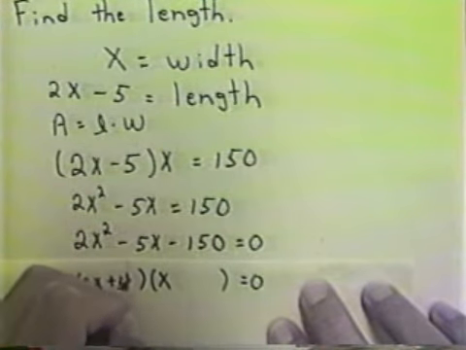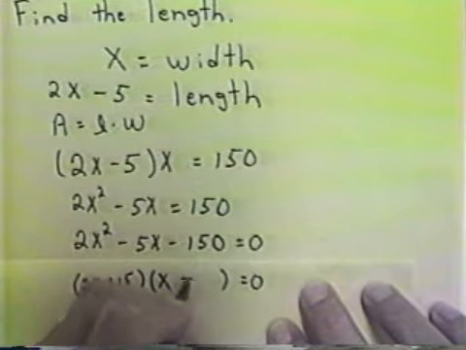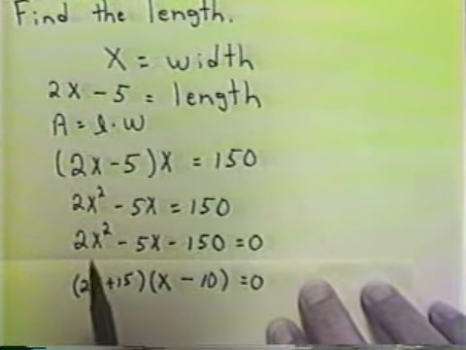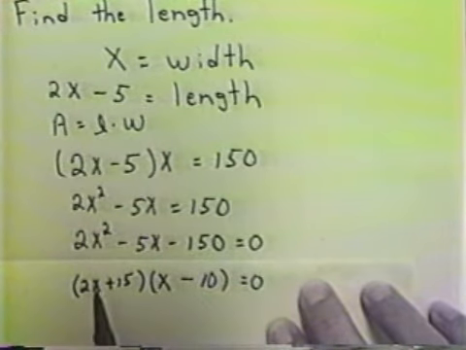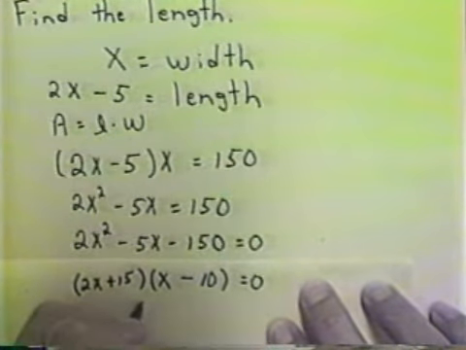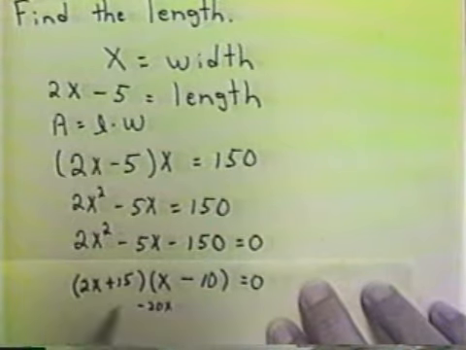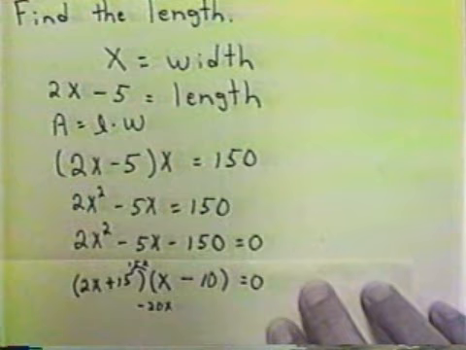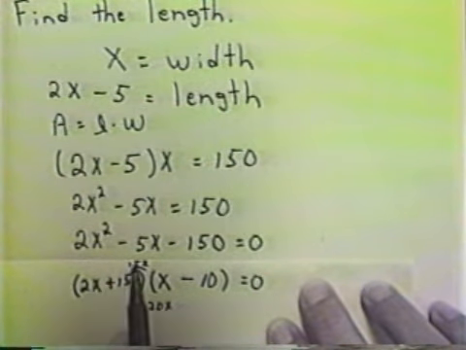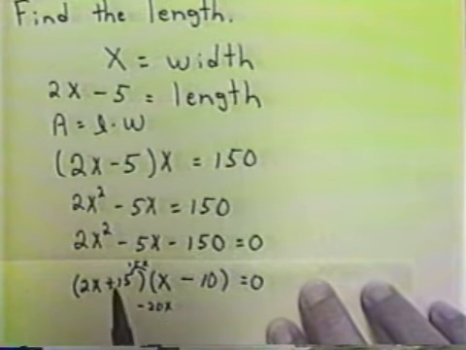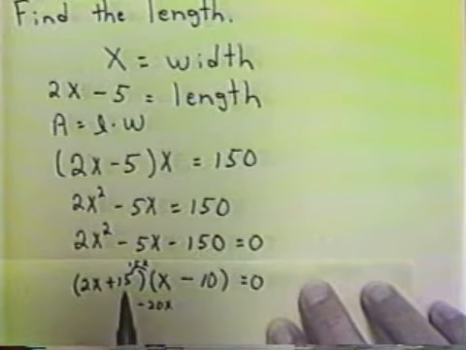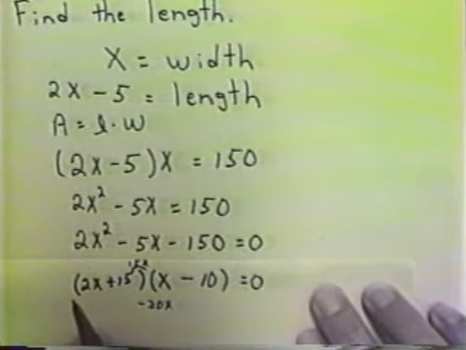Okay, let's check. 2x times x is 2x squared. 2x times a negative 10 is a negative 20x. 15 times x is 15x. Negative 20x plus 15x is a negative 5x. Then a positive 15 times a negative 10 is negative 150. So the factors are 2x plus 15 times x minus 10.